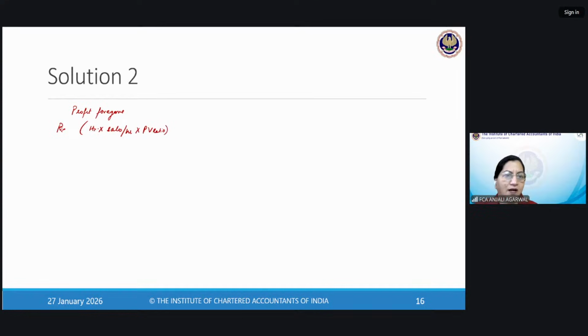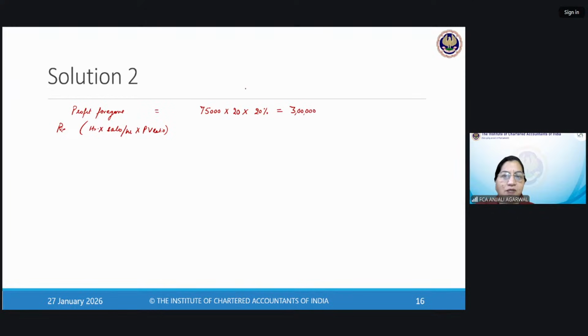So this is hours into sales, the sales foregone at prevailing price, into 20% PV ratio will give us the profit foregone. So let's say 75,000 or 90,000, whatever you want to take. 75,000 into sale per hour has been calculated at 20 rupees per hour. Every hour you are making a sale of 20 rupees and 20% is the PV ratio. So 3 lakh is the profit foregone.